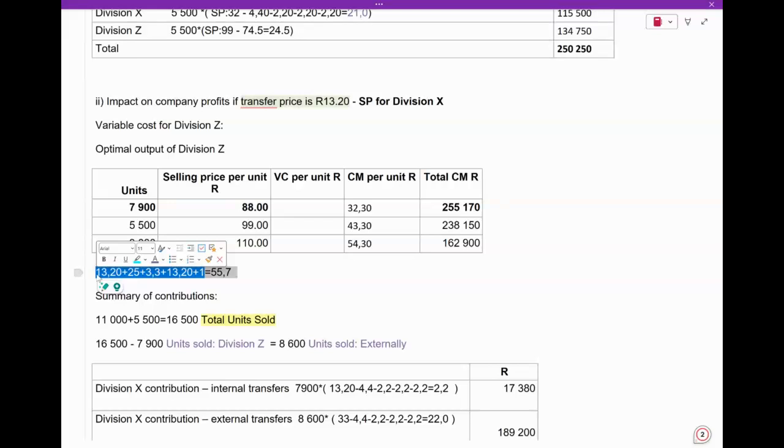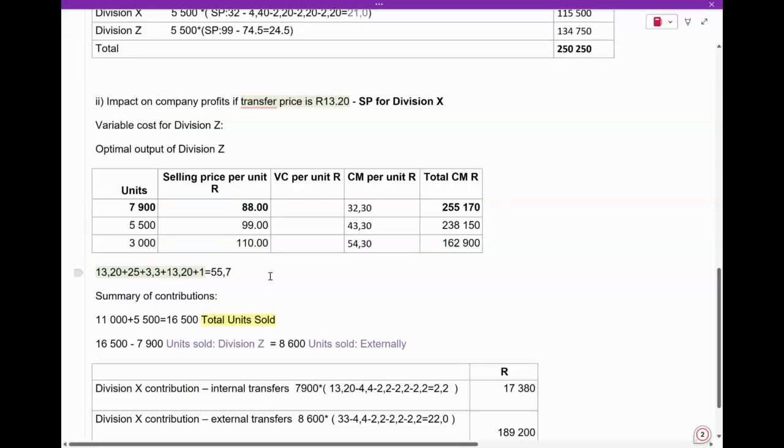Okay, so you got 55 Rand 70 cents. Here is where we need to put that in, 55.70, and it's the same all the way down. Okay. All right. So again, if you minus the selling price from your variable cost, you get these contribution margins.